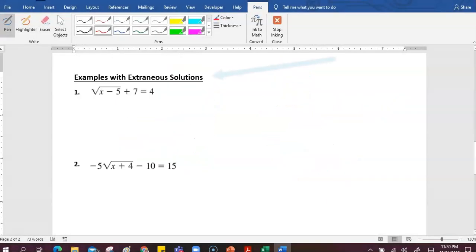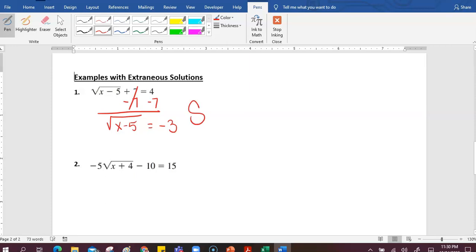Okay, next let's talk about this concept of extraneous solutions. Remember, these are solutions that will not work, are impossible, or they just don't check out. So if I was going to isolate my radical in number 1, I would subtract 7 from both sides. I would have underneath my radical x minus 5 is equal to negative 3.